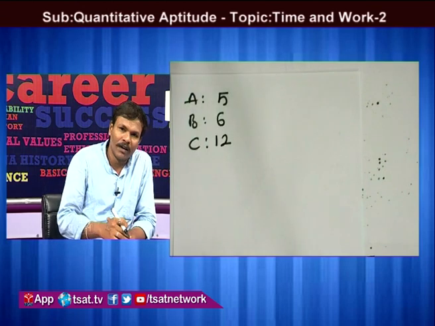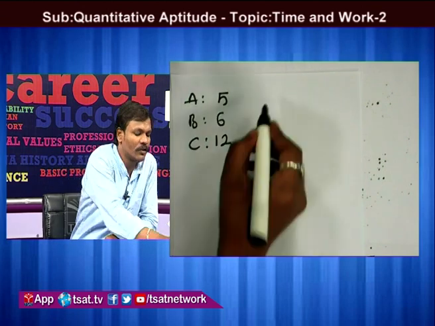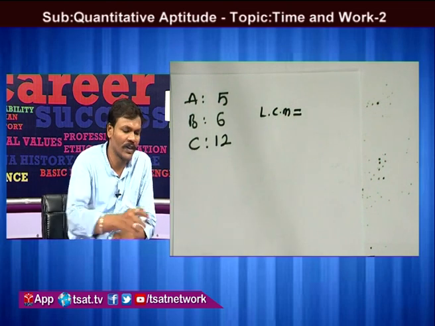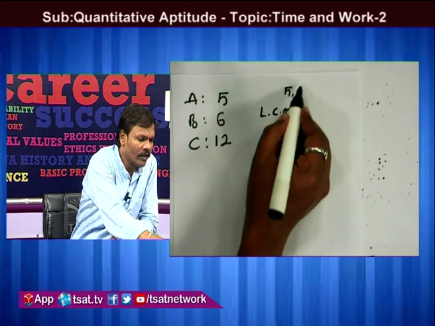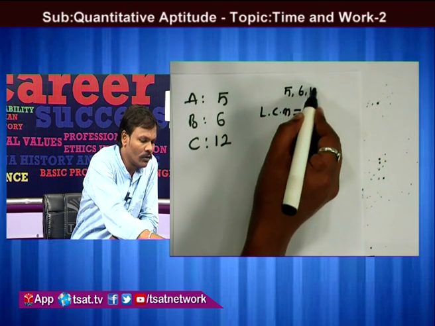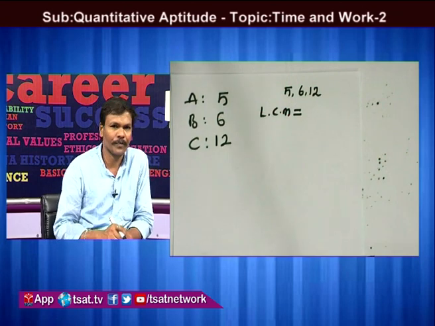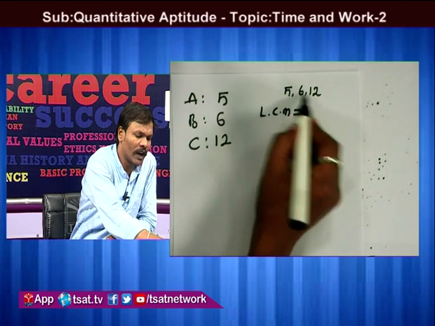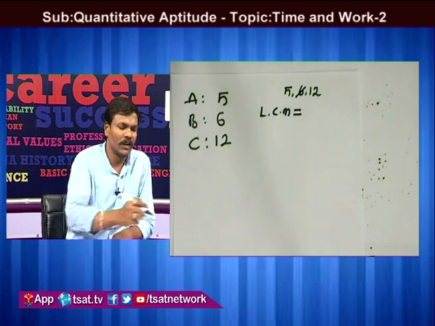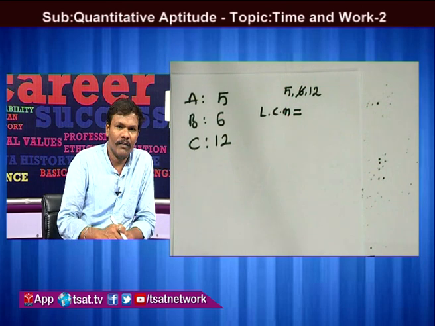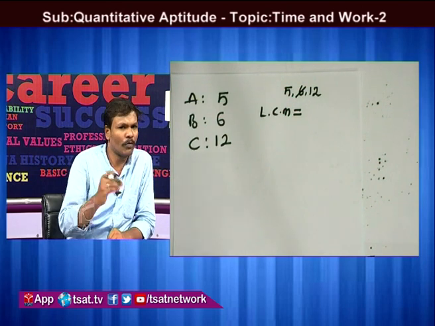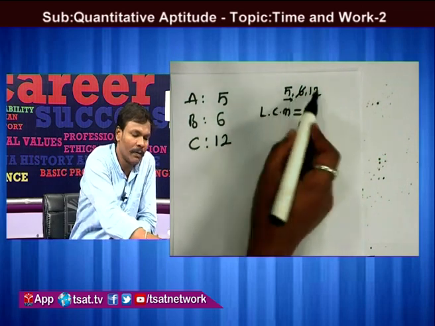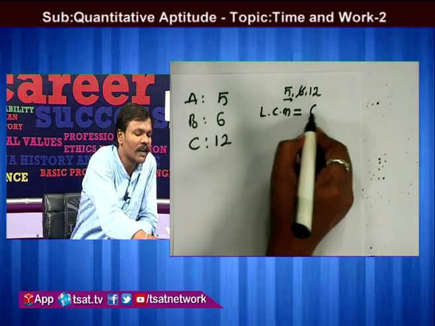In this problem, 5, 6, 12 are the 3 values, so we take the LCM of 5, 6, 12. For those preparing for bank examinations, you have to find the LCM very quickly. This is very simple. 6 twos are 12, so 6 is no need to write. We have 5 and 12. When finding the LCM of two or more numbers, if one number is prime, 5 is prime, the LCM is the multiplication of both. 5 twelves are 60, so 60 is the LCM.